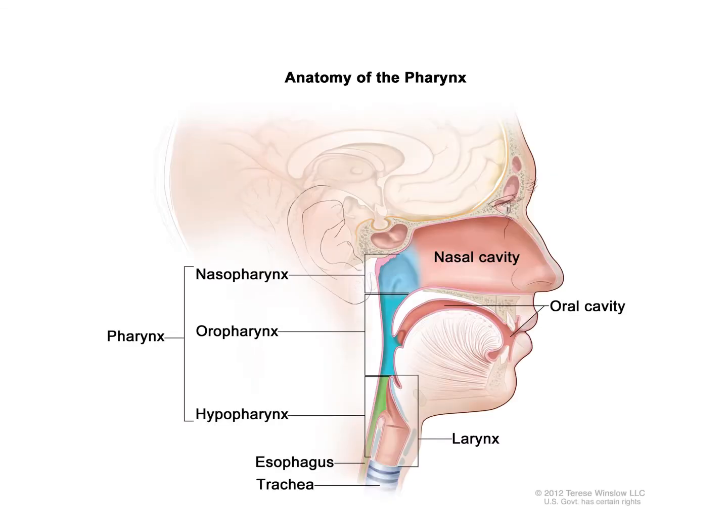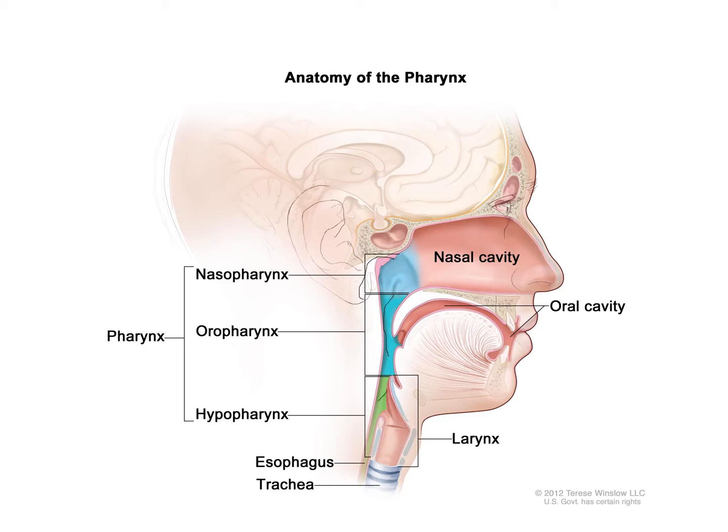So if we take a look at the nasopharynx, the nasopharynx is essentially this region that is deep to the nasal cavity. So the nose, of course, it's basically at the very posterior portion of that nasal cavity, and it's going to be continuous with the region known as the oropharynx, and then the hypopharynx below that.